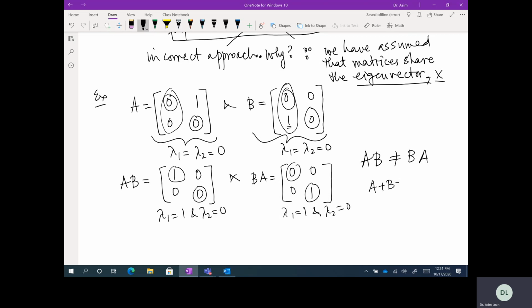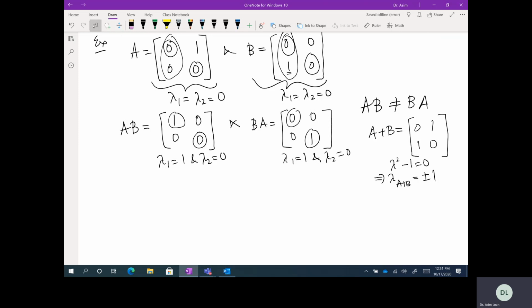A plus B equals [0, 1; 1, 0]. And obviously A plus B equals B plus A. Here the eigenvalues come from lambda squared minus 1 equals 0, so the eigenvalues of A plus B are plus or minus 1.